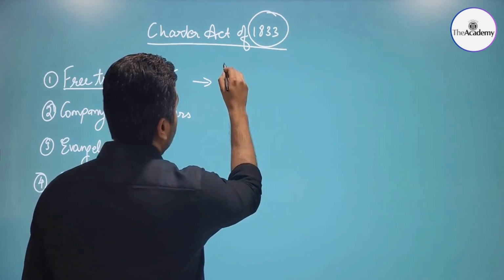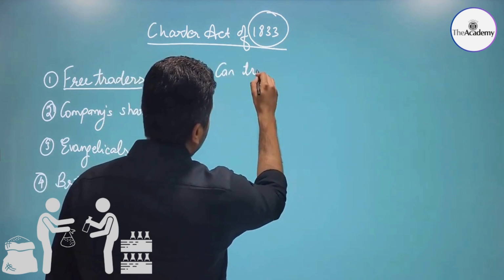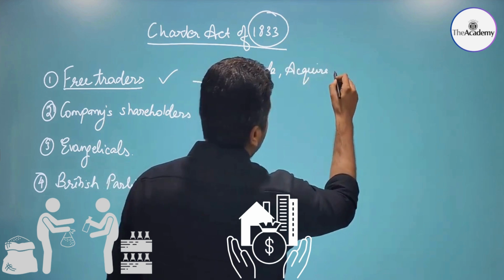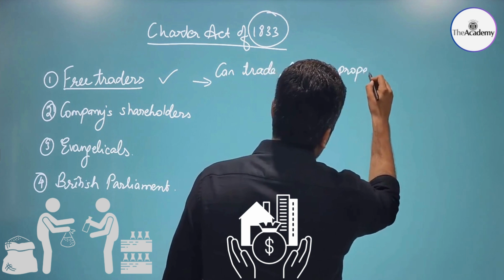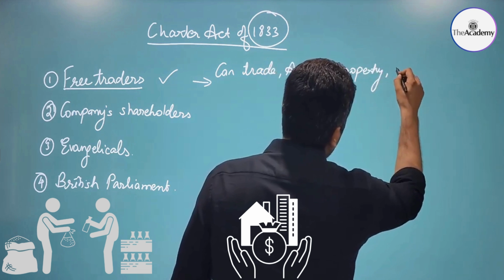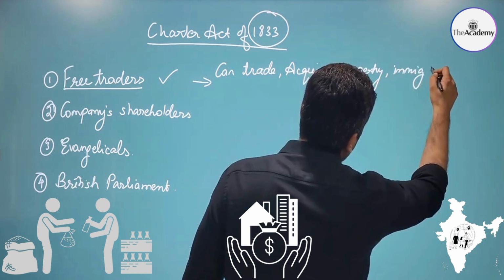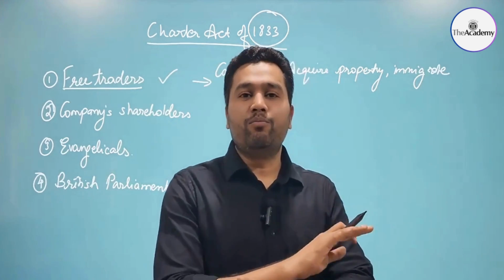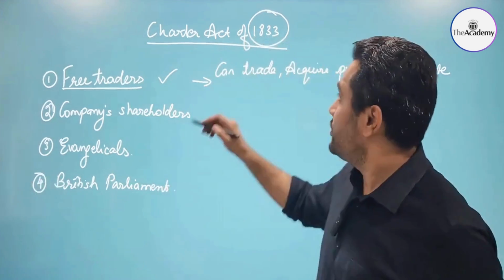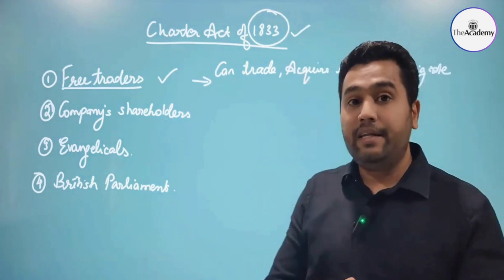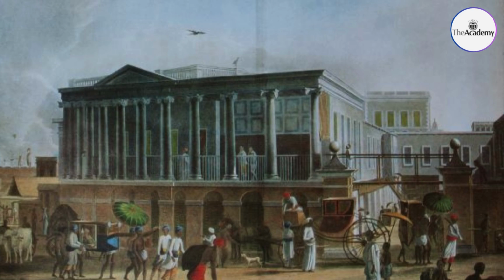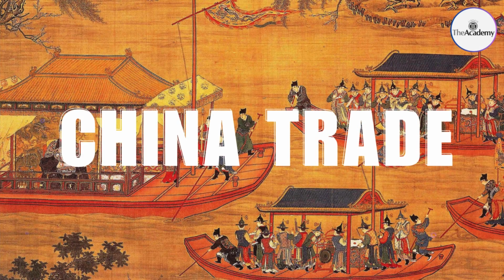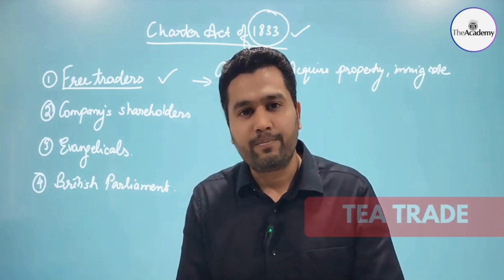So the free traders, they can trade, acquire property, and even immigrate to India. It means the company's monopoly was done away with completely. So the Charter Act of 1833 did away with company's monopoly altogether. Even company's monopoly with China trade was also withdrawn. The tea trade with China was also withdrawn.